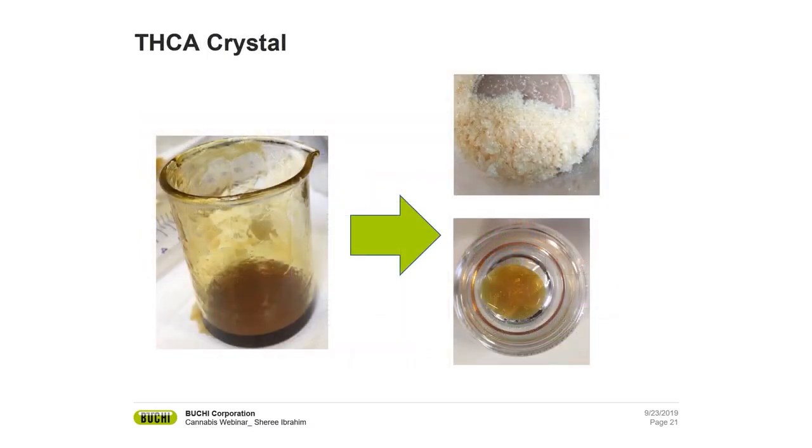This is a successful separation of THCA crystal. On your left side, there is a beaker that contains the cannabis raw extract, and after purification, we got THCA crystal, that's on the top right, and THC, which is on the bottom right.